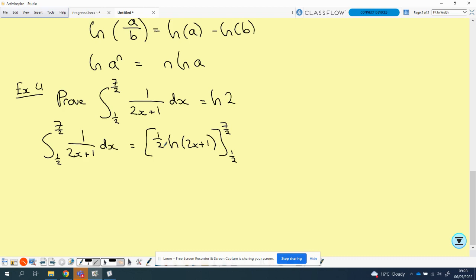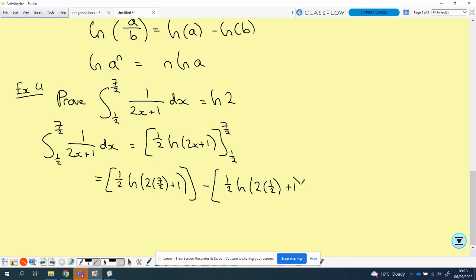Okay, so substituting our values in, I'm going to get a half log 2 lots of 7 over 2 plus 1 minus half log 2 lots of a half plus 1.